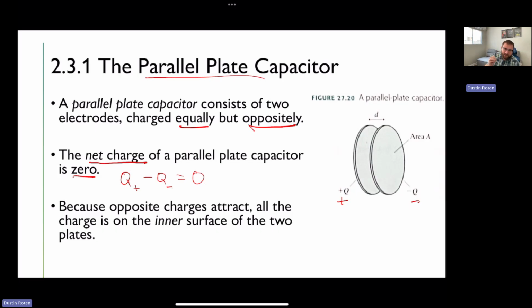Now, because opposite charges attract, all the charge is on the inner surface of the two plates, which makes sense. We've talked about how charges distributed across conductors will still be attracted and move to where they need to be to find that equilibrium point. Obviously, there's no equilibrium point here because they're not interacting with each other.